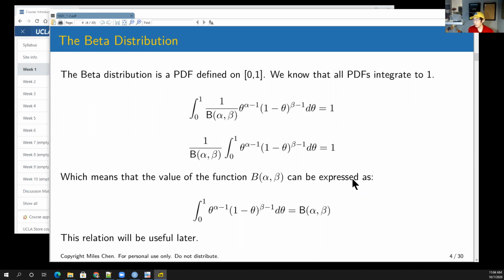We know that the PDF integrates to 1, and we know that this is a constant, so with a little rearranging I can pull this constant out of the integral and say that this constant times this integral is equal to 1. Therefore, if I move this to the other side, if I just integrate this portion, this integral has to equal this value here.